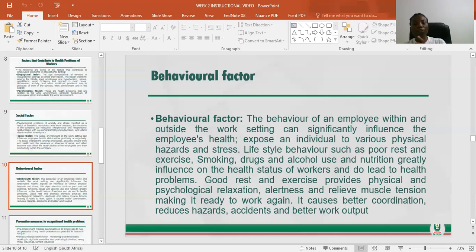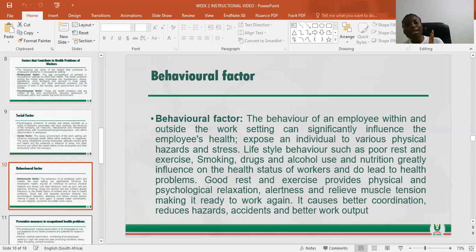Not only poor resting, some don't exercise their body. Some have the lifestyle of smoking, some of taking drugs, alcohol, and even some have a lifestyle of not taking good nutrition that influences their health.